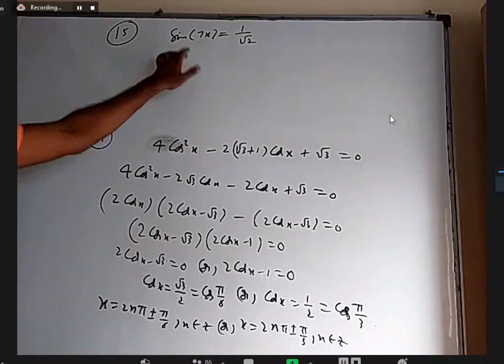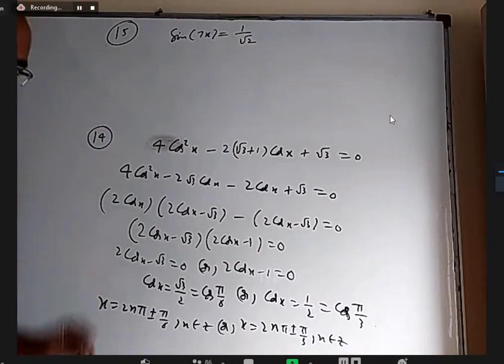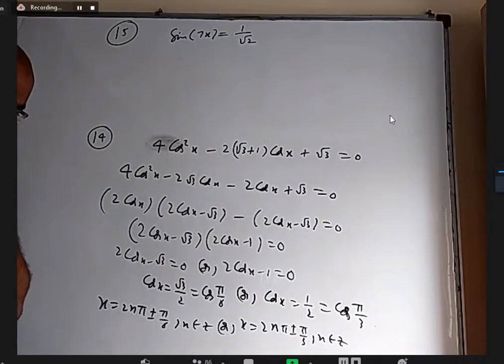Okay, sin 7x equal to 1 by root 2. Find the general solution. One by 7 into 2n pi plus or minus pi by 4. Are you sure?